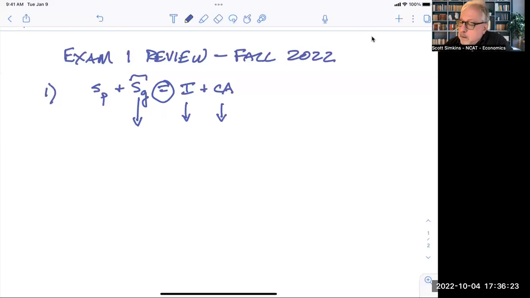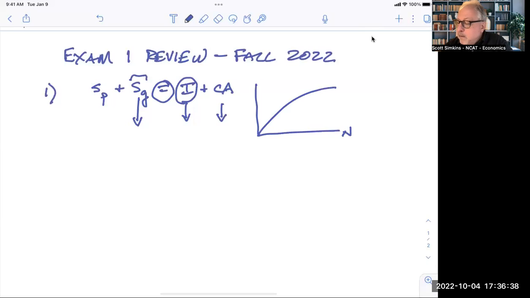And so if I goes down, that means there's less investment, there's less new capital, and we know that capital is associated with the production function, right? If we have Y and N here, and the level of capital goes down, then that causes the production function to shift downward, or maybe it just doesn't shift up as fast.